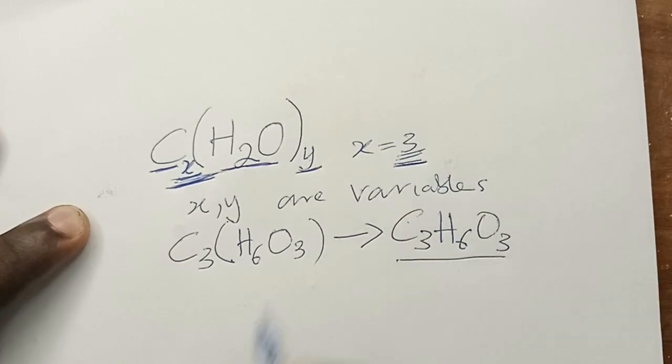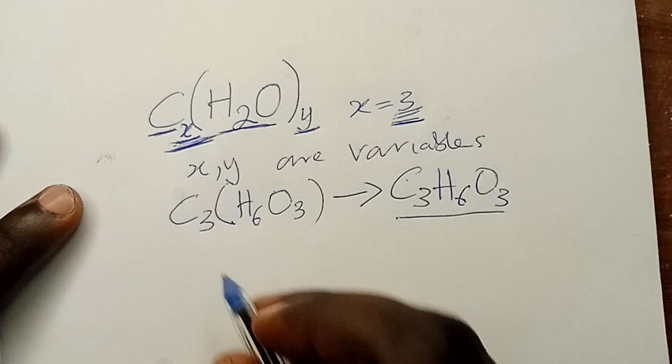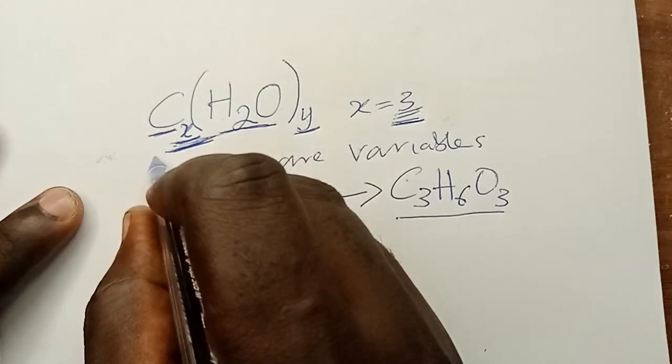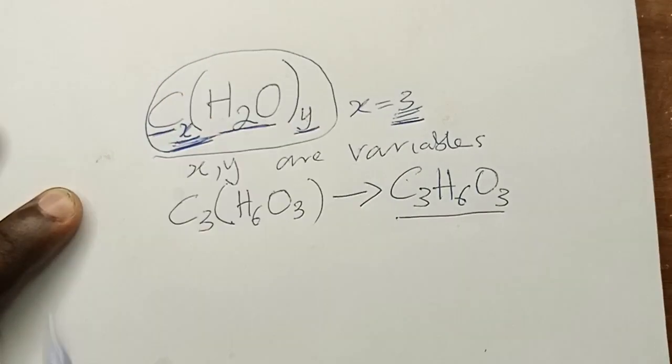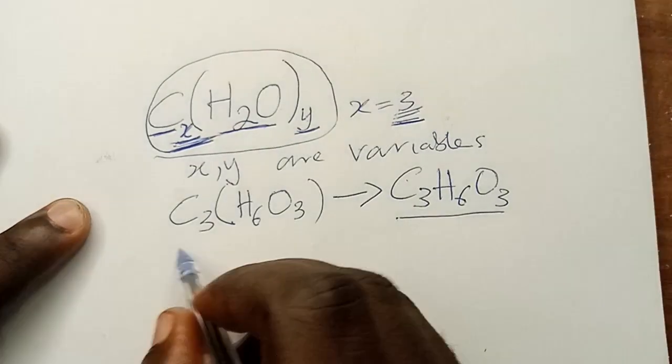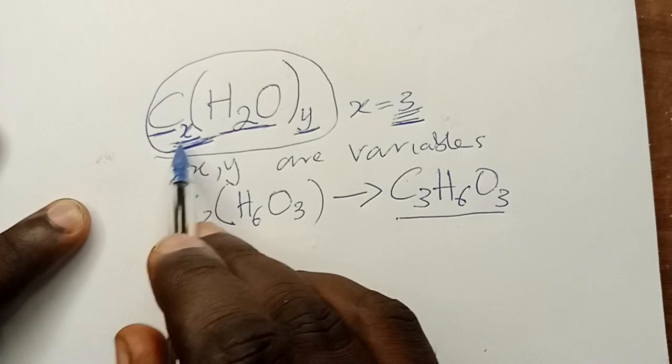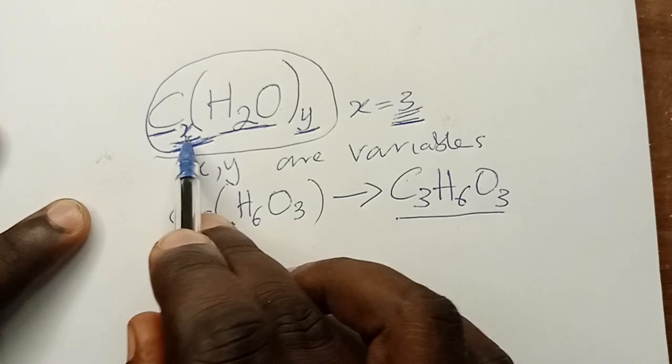If it is 3, then it is trioses. If it is 5, it is pentoses, and in this case we use the same general formula, which you can see here. This time, we say C, where X represents 5 as an example.